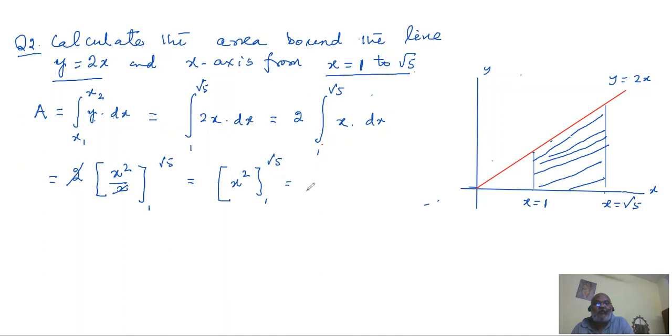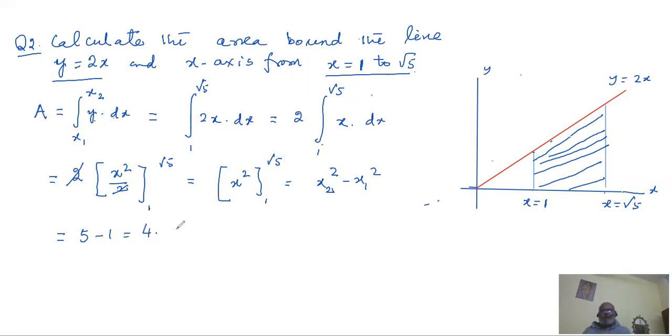So that is equal to x2 square minus x1 square. x2 is the upper limit and x1 is the lower limit. So that is root 5 square, that is 5, minus 1, which equals 4. The area is like this.